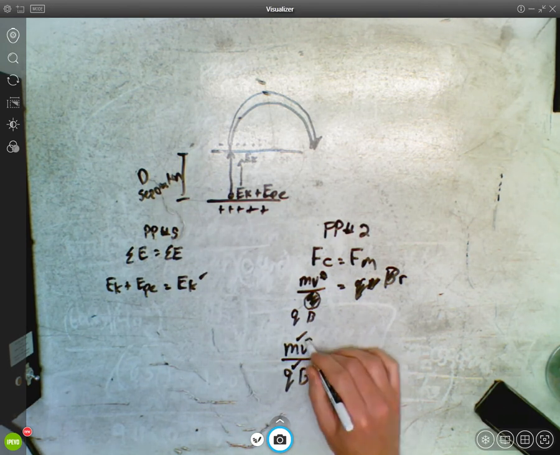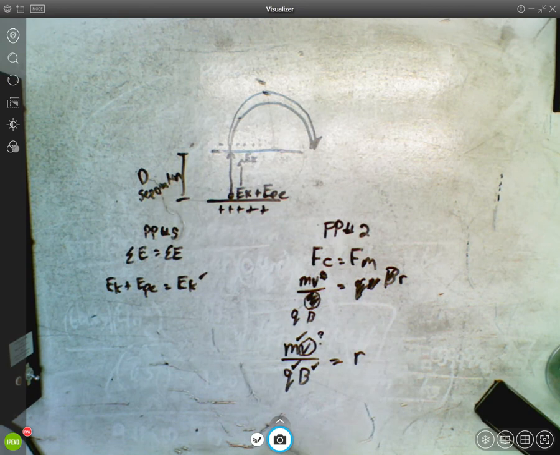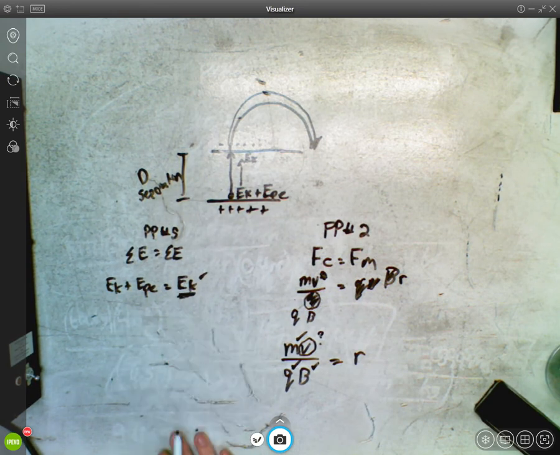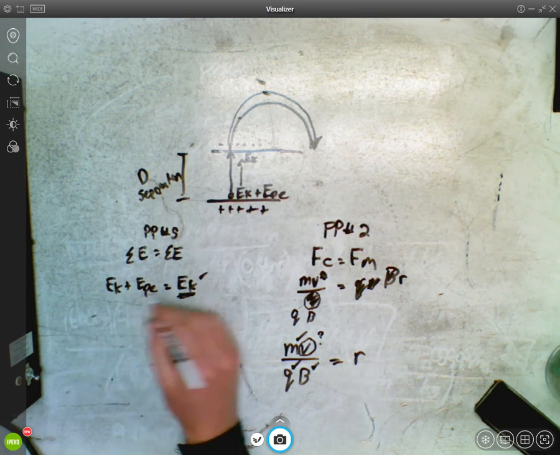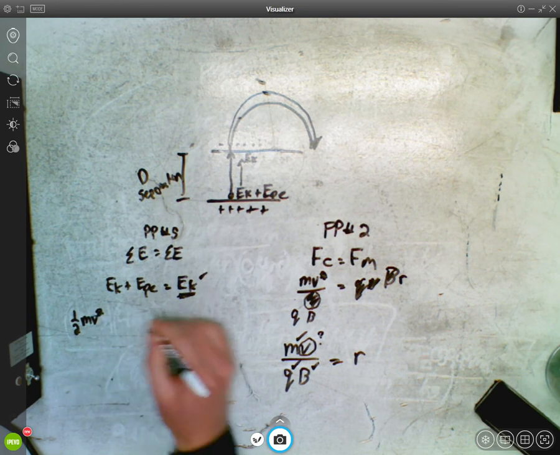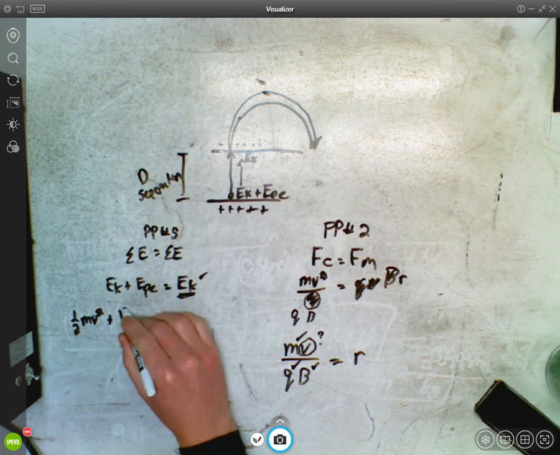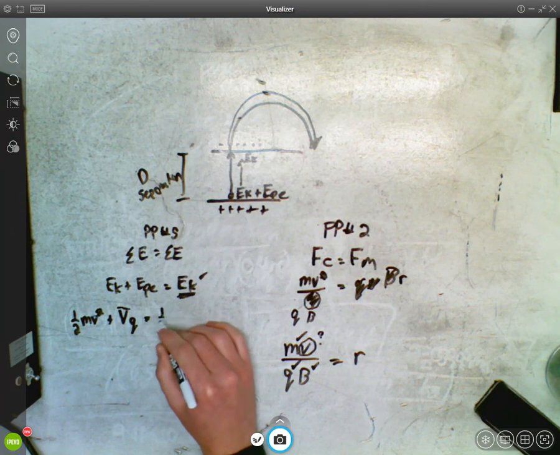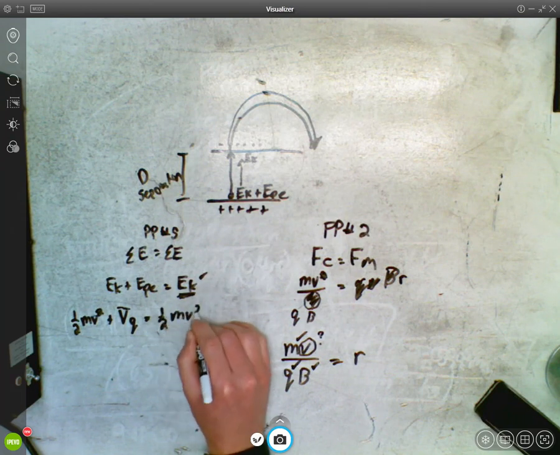What we don't know is the speed. And that's what we're going to use this for. We need to find the kinetic energy of the proton after. We need to find the speed of that proton after to help solve this question. So to break this down, this is going to be 1/2 mv squared before, and then vq. And that's going to equal 1/2 mv squared after.